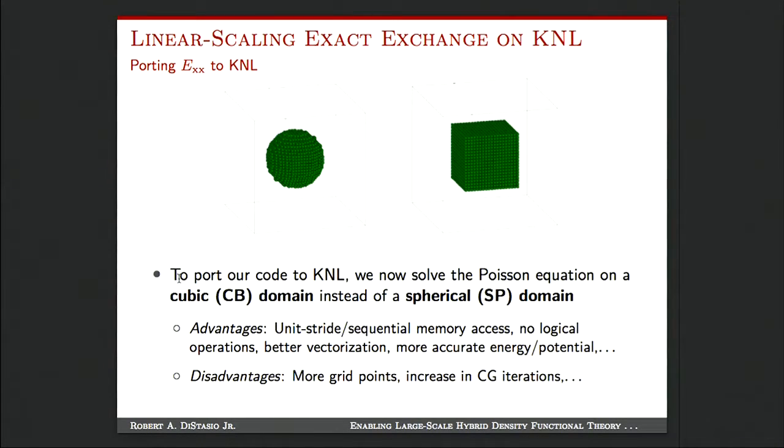Okay, so now, what are the advantages? Just conceptually speaking now, and then I'll show you why they are advantages. Well, now we have a unit stride and sequential memory access domain. This is key, as you've seen from many talks this week, for KNL. This is key for vectorization.